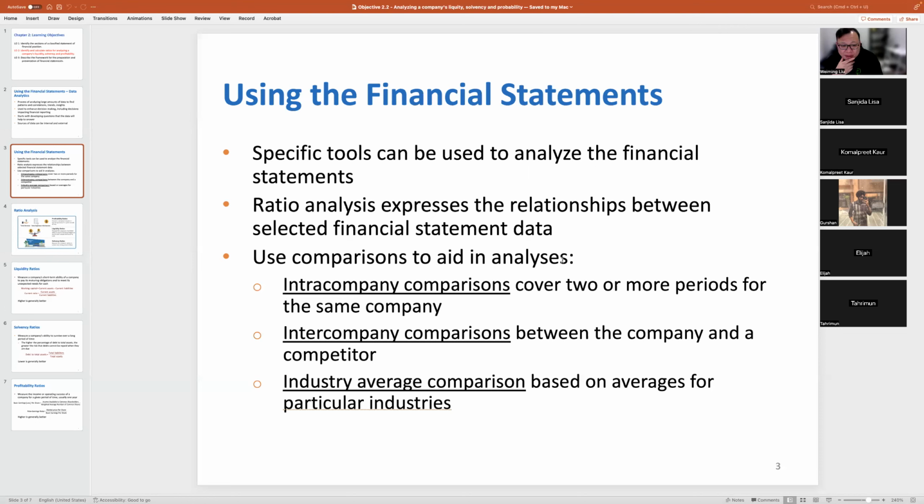Intercompany comparison: you compare your company with a competitor, only one competitor. Or you can compare to yourself year by year. For example, this year your GPA is 3.0, compared to last year your GPA was only 2.5.